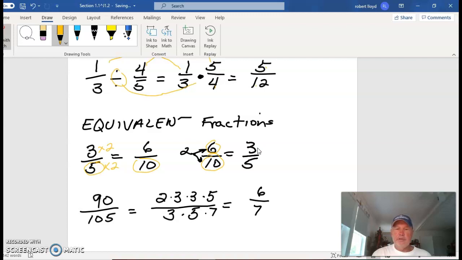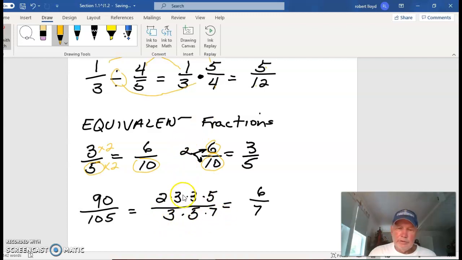Now, when you get to a rather large number, like 90 over 105, and you want to reduce it, one of the easiest ways to do it is to break each number into all primes. So 90 would be 2 times 3 times 3 times 5. 105 would be 3 times 5 times 7.